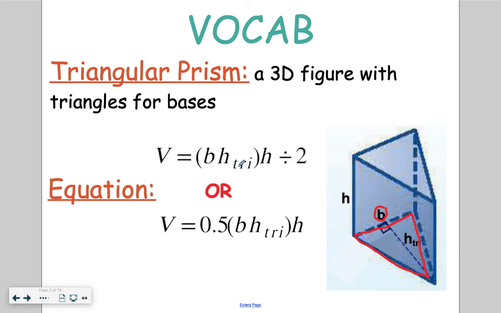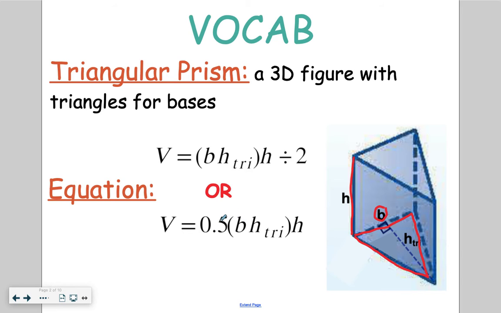So that's what goes in the parentheses. This second height, we refer to it as height, and we say that it is the space connecting those two triangles that we have. And then we divide that by 2.